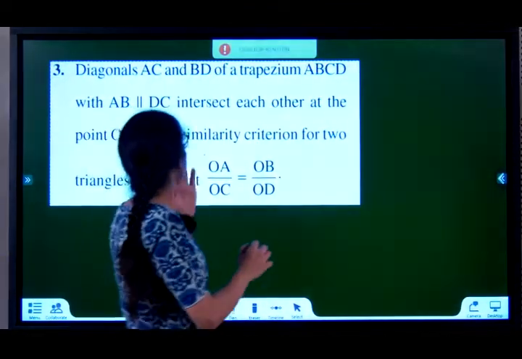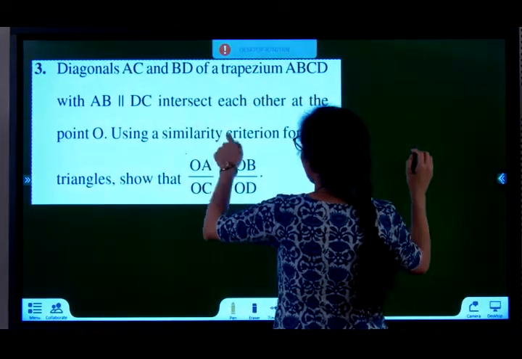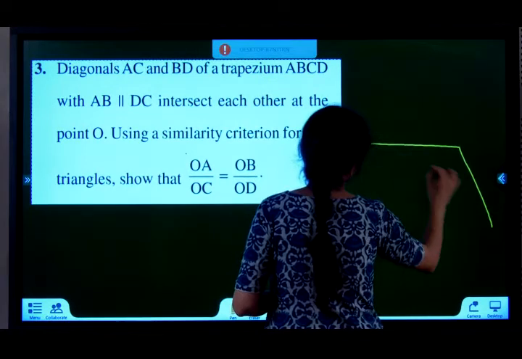Question 3. Diagonals AC and BD of a trapezium ABCD with AB parallel to CD.